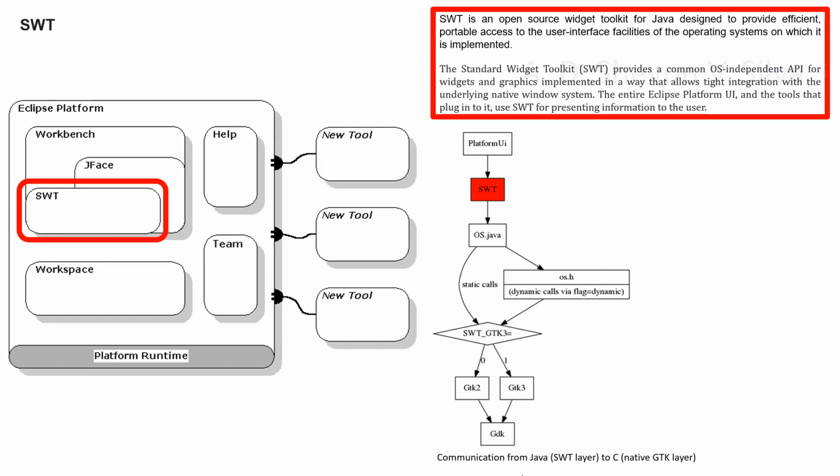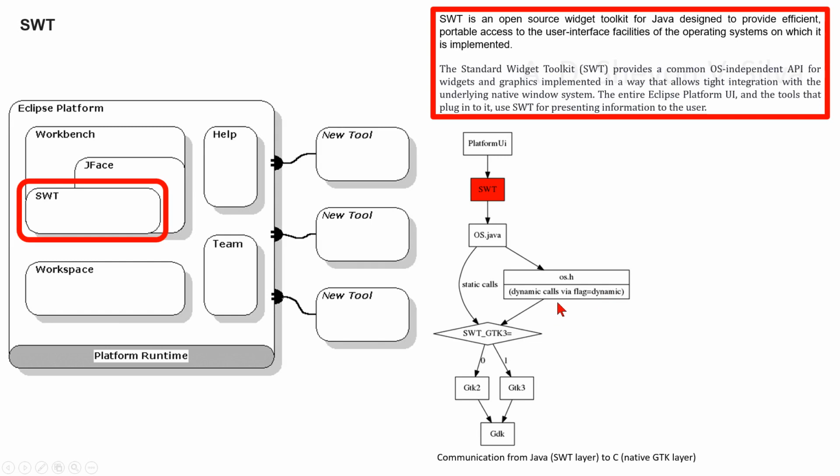Here we are considering the Linux environment. Here the platform UI is connected to SWT. SWT is connected to OS.java. OS.java is connected to the SWT_GTK3 selection via static calls, and OS.java is connected to os.h via dynamic calls, with the flag equal to dynamic.